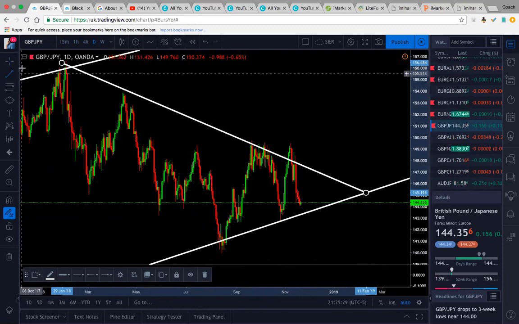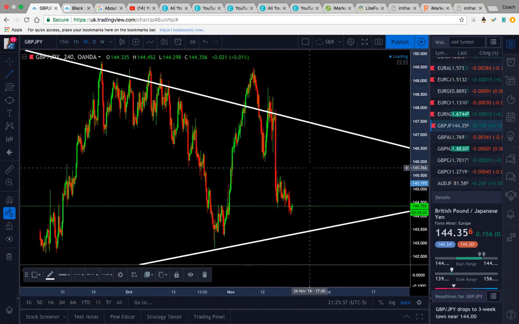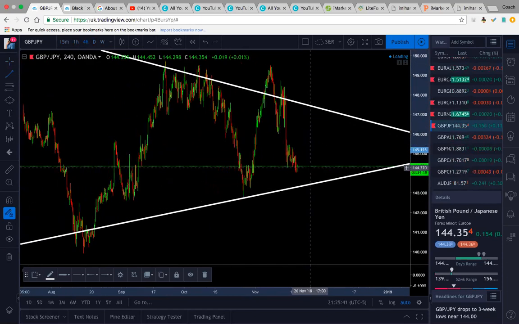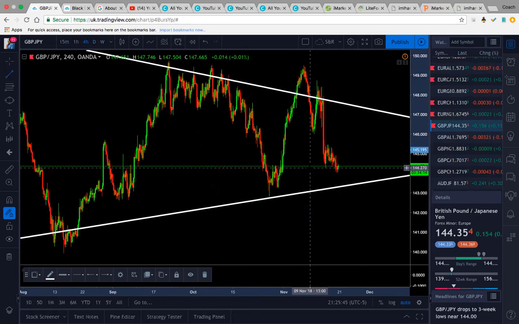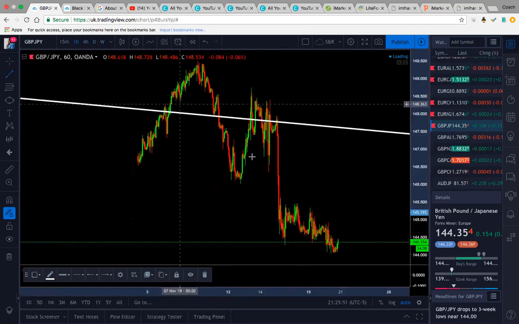So now we scale to the 4-hour time frame, and this really shows you how price is being respected throughout these trend lines. I am going to scale down to the 1 hour.